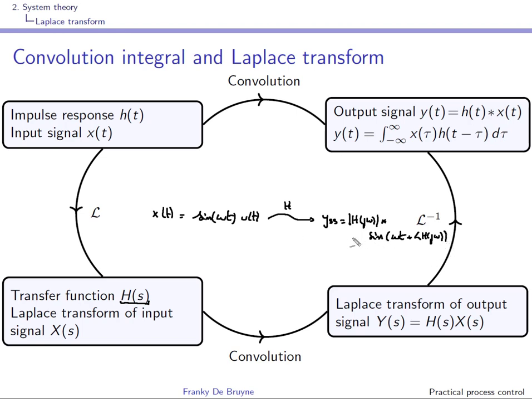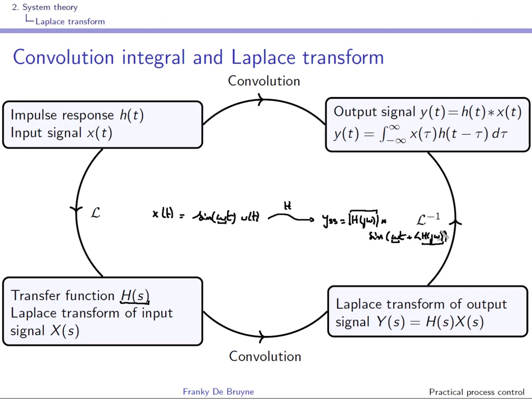So what this says is that the steady state response, the response that you have after all transients have disappeared, is a sine at the same frequency as the input sine, but it is amplified or attenuated, and this is here the module of the transfer function when s is evaluated at j omega, and it is also shifted.